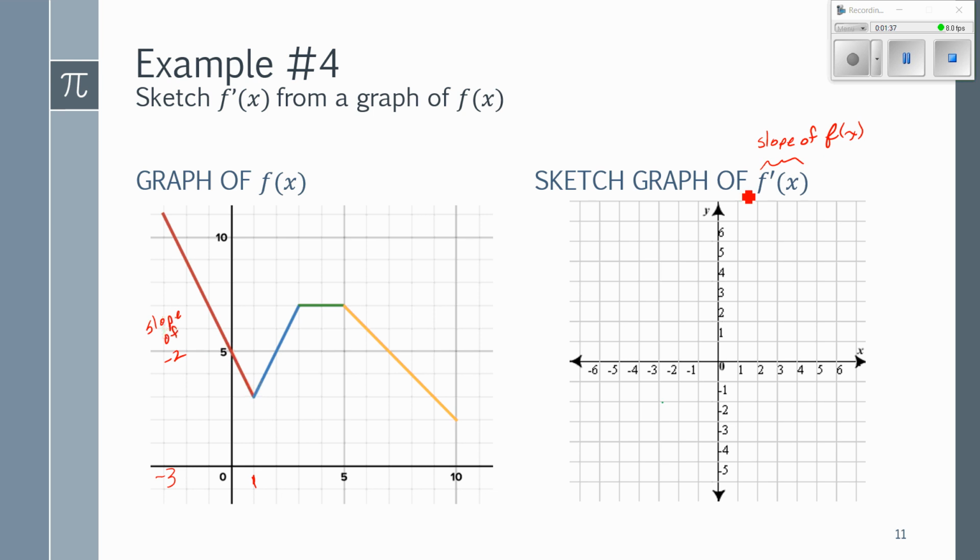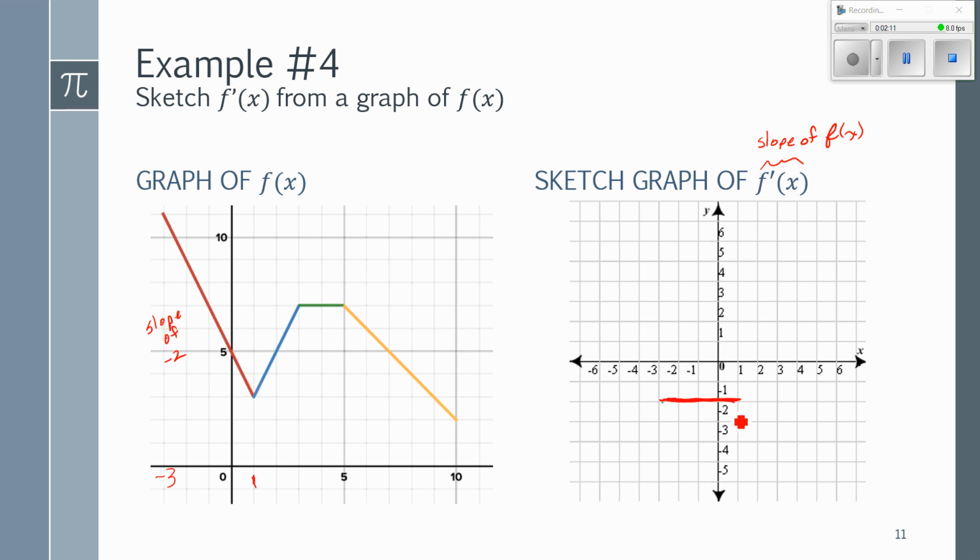So that means for f prime, the derivative of f, the slope of f, has a value of -2 for all of those x's. So from -3 to +1, I have slope values of -2. Now remember, when I'm sketching the slope, or the derivative of f, I'm sketching the values of the slope. Since the slope is a constant value of -2, that's why I have a horizontal piece here at -2.